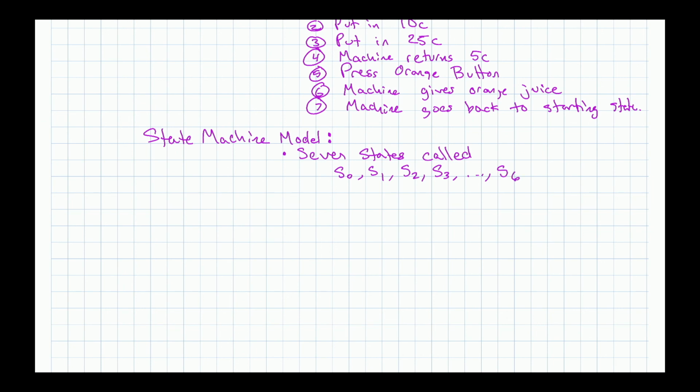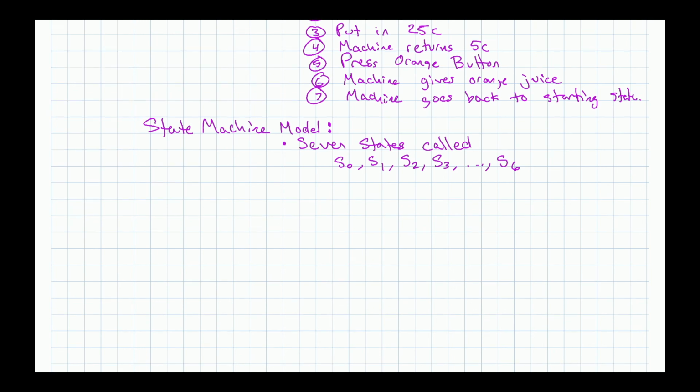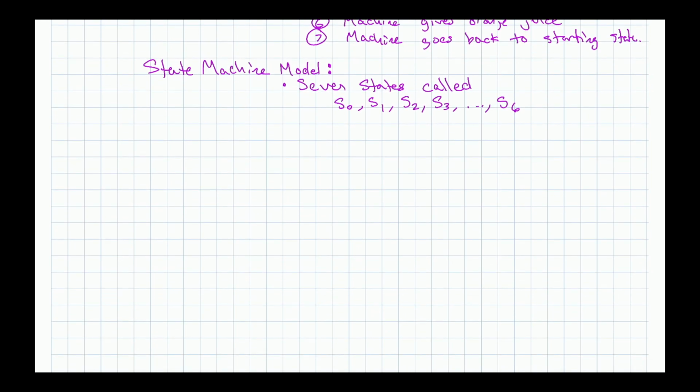Now, what are we going to use these states for? It's up to the designer, which is us, although not really because the book did it. Each state's number times 5 is how much money is in the machine, which is part of the reason we started at state 0.